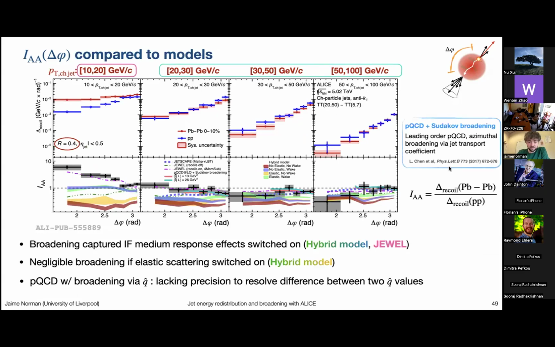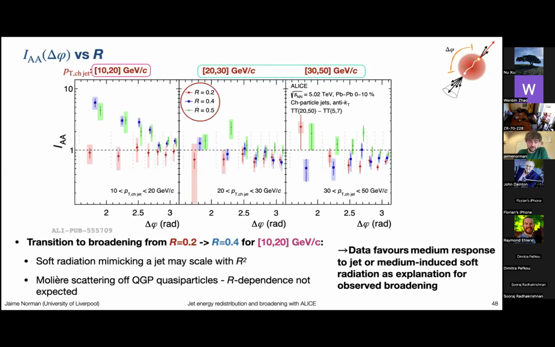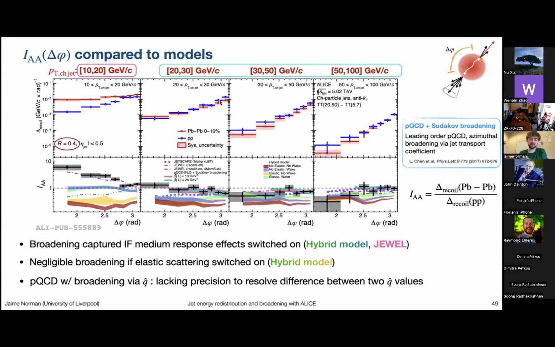As we said, these are the data that we measure. We can also look to models to interpret this measurement, and for the interest of time, I will just focus on the 10 to 20 GeV bin. I showed the full range of data here. But just looking at the 10 to 20 GeV bin for R equals 0.4 jets, we see that the broadening is captured if medium response effects are switched on.